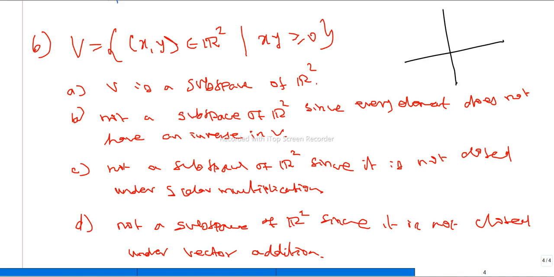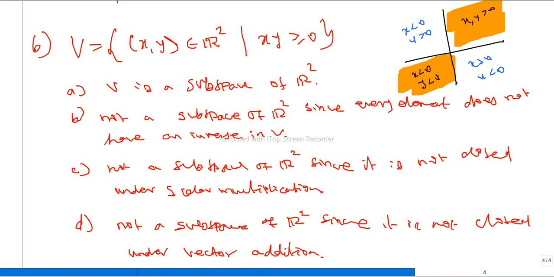In the first quadrant both x and y are positive, here x is negative but y is positive, here both are negative, and here x is positive, y is negative. So the given space is nothing but union of this quadrant as well as this quadrant, the first and the third. This is not a line.